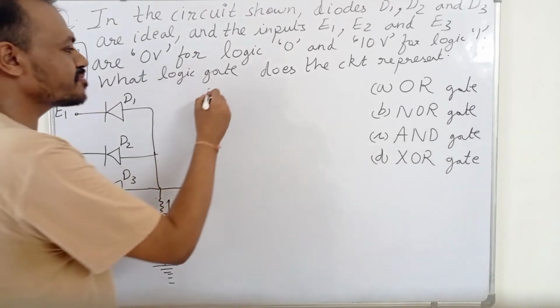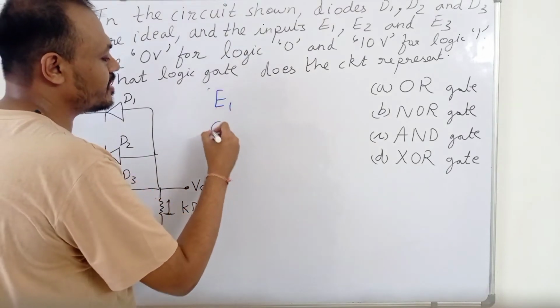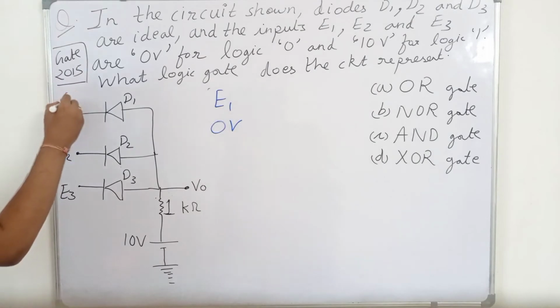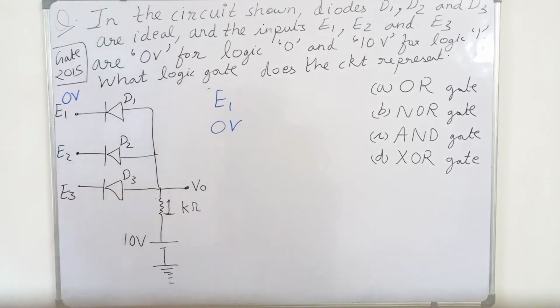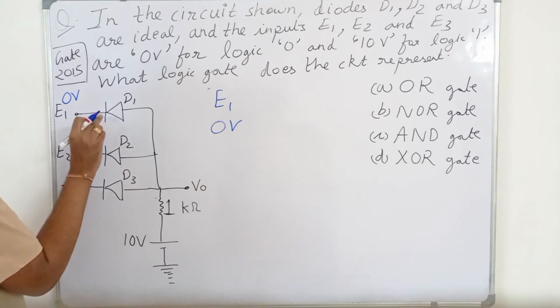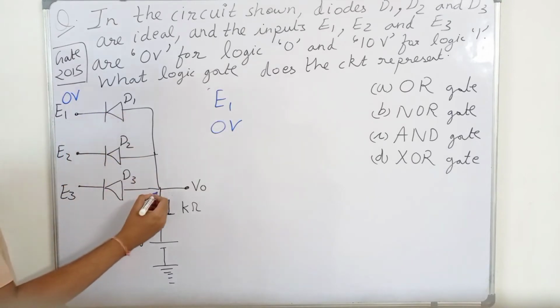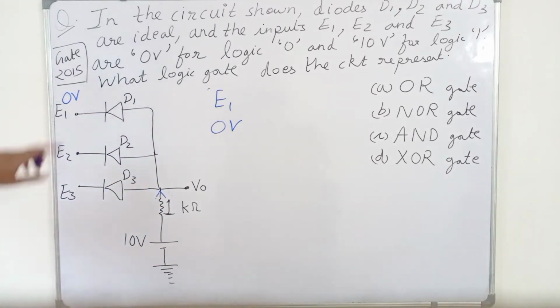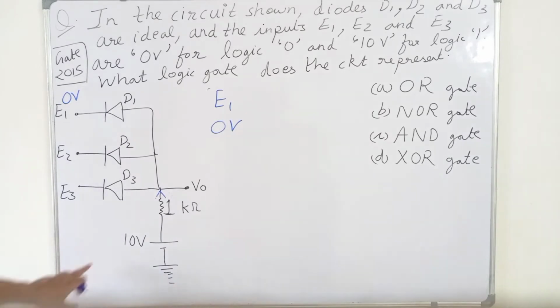Let's take first the case of E1 as 0 volt. Now if E1 is 0 volt, then diode D1 will be forward biased because N is connected to 0 and P is connected to a positive voltage. So a current will flow from this battery to this 0 volt, because current flows from higher potential to lower potential.